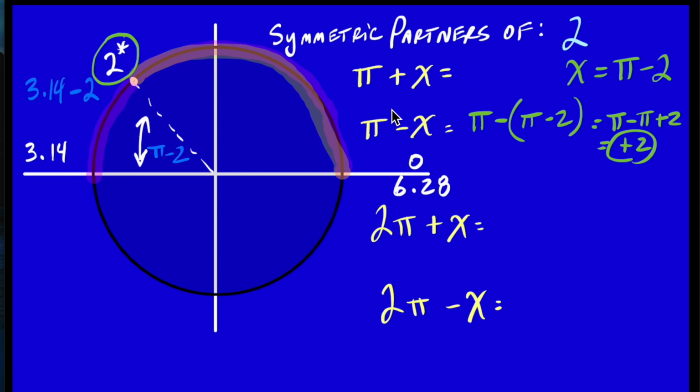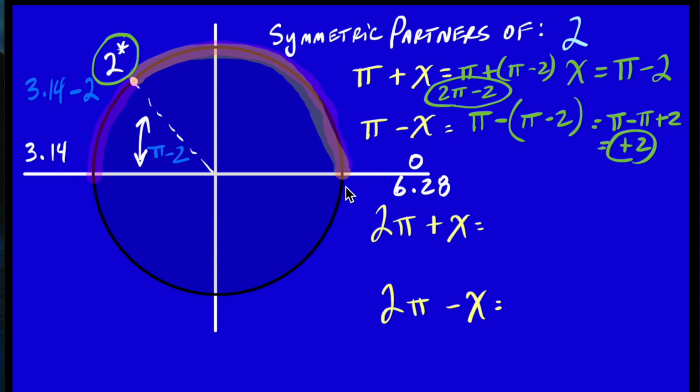So let's now do pi plus x just above it. So we're going to have pi plus pi minus 2. That's going to yield 2 pi minus 2. Okay, so 2 pi is going to take us a full revolution here. That's going to be 2 pi, and then we're going to subtract 2.